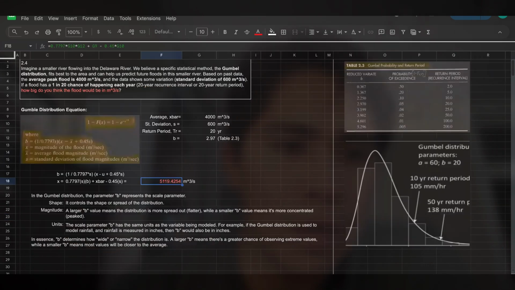And the second problem got us familiar with the Gumbel distribution and how to use it to find the flood of a specific river, given that you have data where you can find the average, standard deviation, and a specific return period you're interested in. Which, to be honest, is pretty cool that you can find a specific value from one equation.